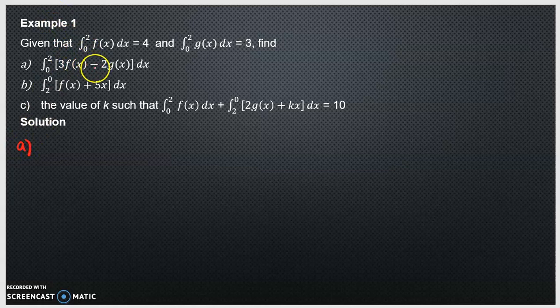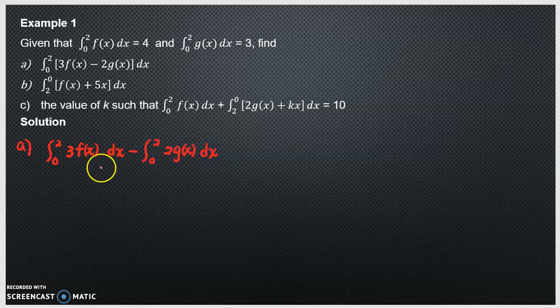From the first part, subtraction, I can separate into two parts. That means integration from 0 to 2 for the function of 3f(x) with respect to x, minus integration from 0 to 2 for 2g(x) with respect to x.